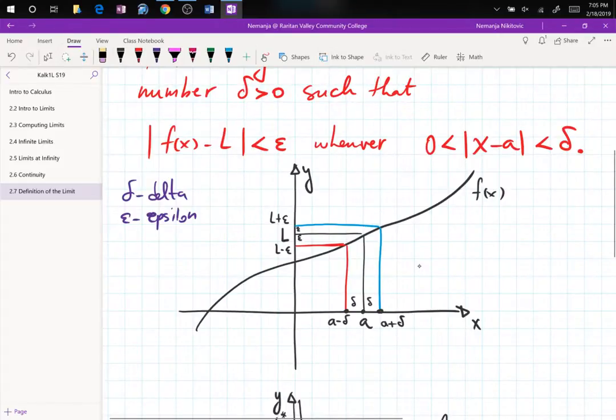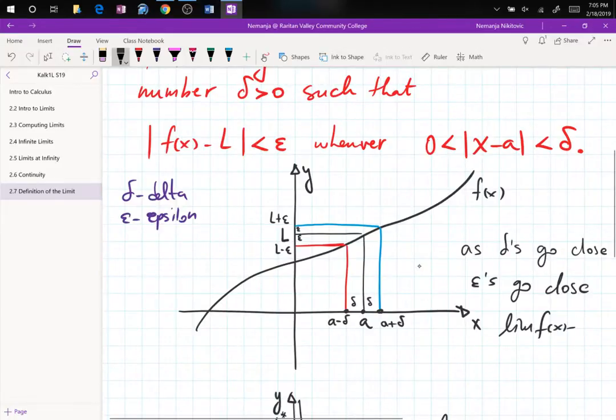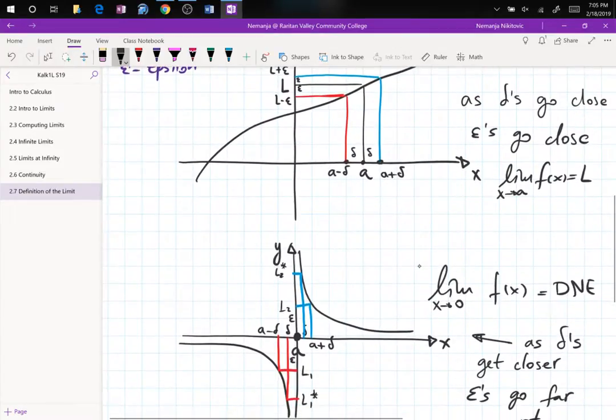So that's why there is no limit in that case. Over here, maybe we can write as deltas go close, epsilons go close. So the limit of f of x is L as x goes to a. That's our standard limit. It works. The second one does not exist because as you push in on deltas, epsilons shoot away from each other, violating the less than epsilon thing.